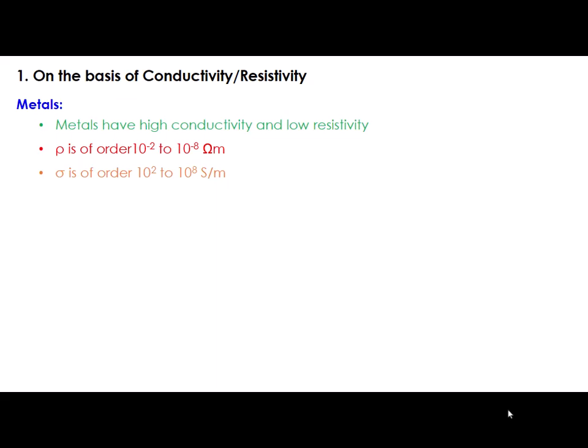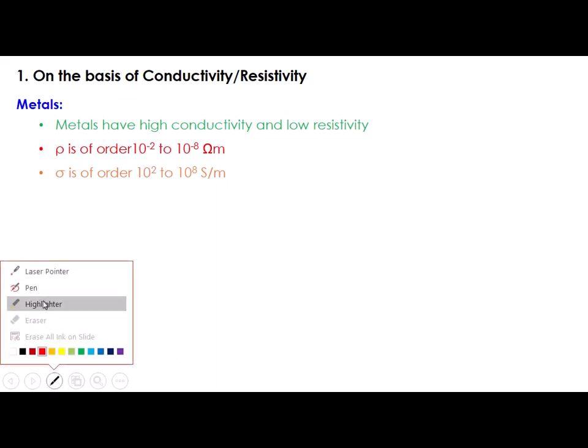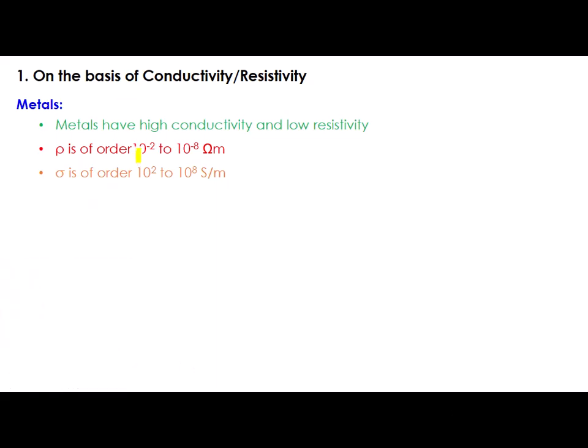Now, you can see clearly, since resistivity and conductivity are reciprocals of each other, the numbers are also reciprocals of each other. If the resistivity lies in the range of 10 to the power minus 2 to 10 to the power minus 8, the conductivity lies in the range of 10 to the power 2 to 10 to the power 8, which is exactly the reciprocal of this range.